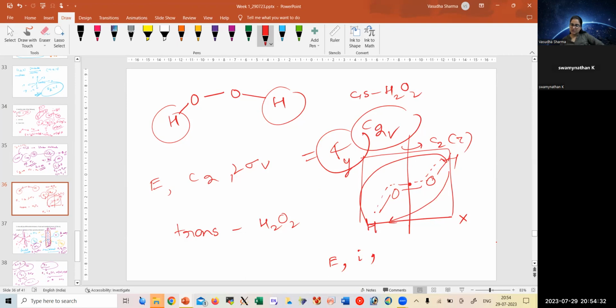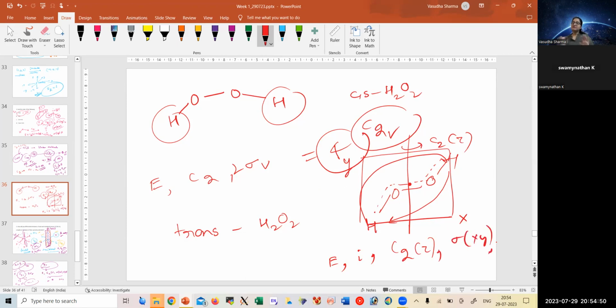It should go. So C2Z is there, right? And as we have already defined, the molecule is on the XY plane. If I cut that XY plane this way, each atom would be cut into two halves. The bisecting plane would be there. So there would be sigma H also.